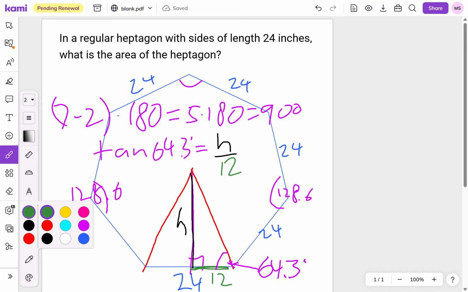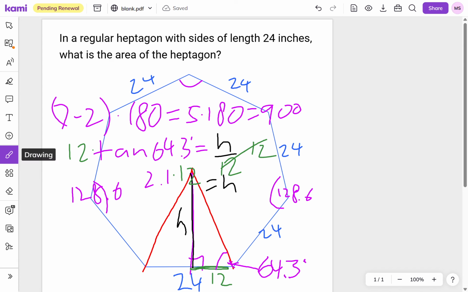Tangent of 64.3 degrees is 2.076521397. We'll say it's about 2.1. Then we multiply both sides by 12 to get rid of this. So 2.1 times 12 equals h. Let's just multiply that by 12 and see what happens. So that's about 25, so h is approximately 25.